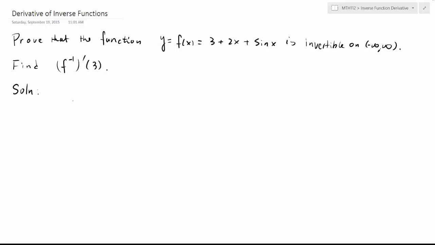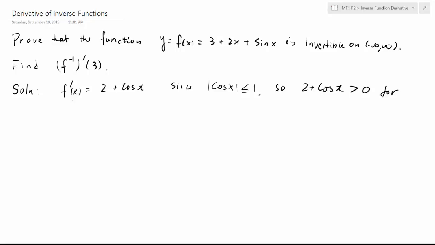So we look at the derivative, and the function's derivative is going to be 2 plus cosine x. We see that cosine x is always between 1 and negative 1. So 2 plus cosine x is greater than 0 for all x.